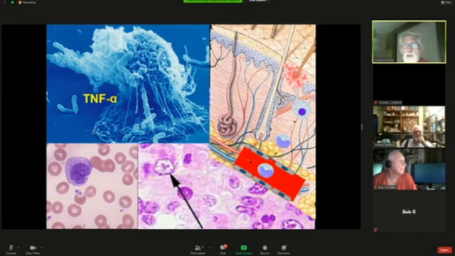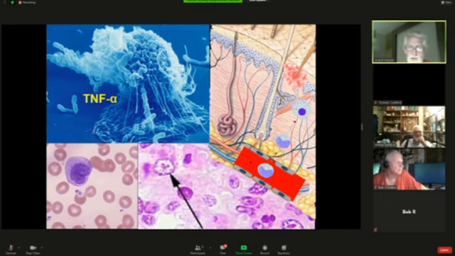Well, these macrophages also secrete a molecule called tumor necrosis factor alpha, which is also part of this inflammatory process. And this will help kill the bacteria. This molecule will punch holes in the walls of the bacteria and help the bacteria to die.